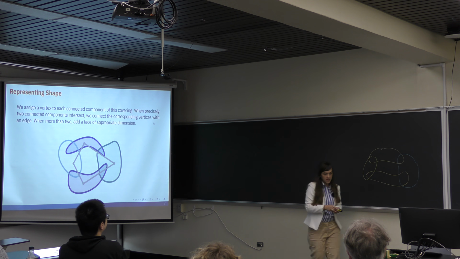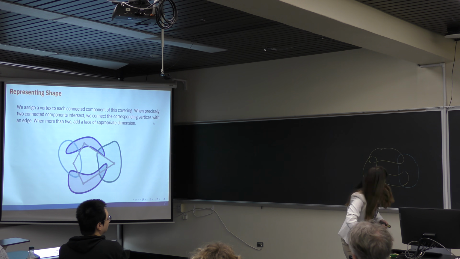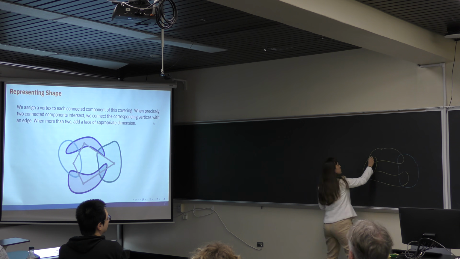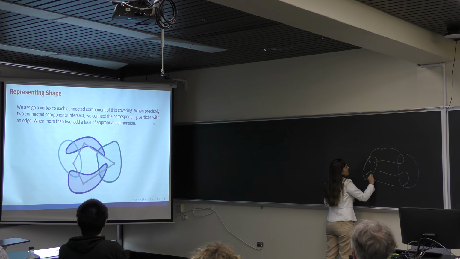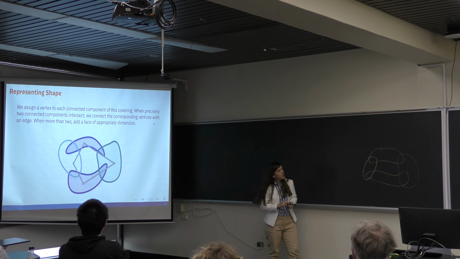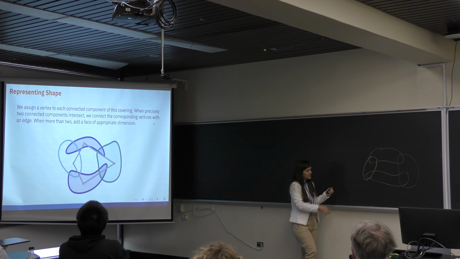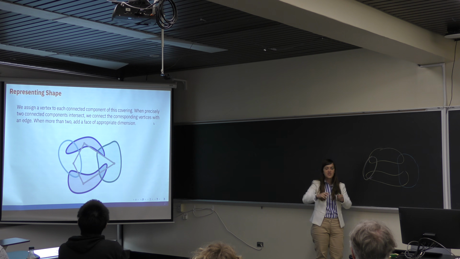Okay, so the green and the yellow are not very easy to distinguish, so let me put purple over here. So we start with a covering, like in pure topology, where you can imagine that you cover your space with some sets.